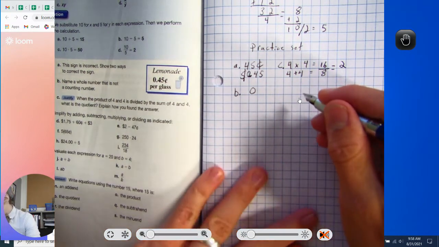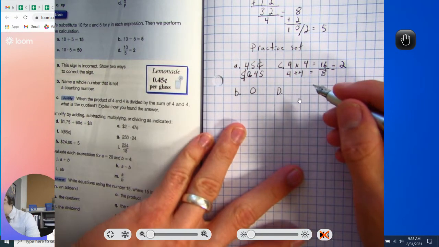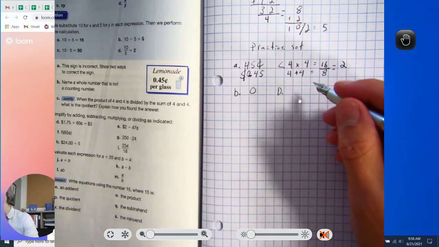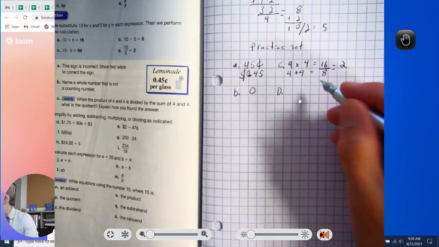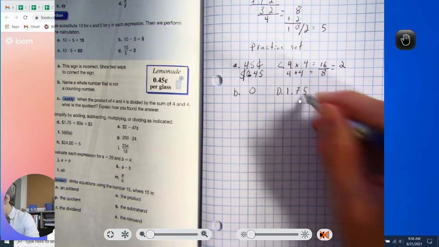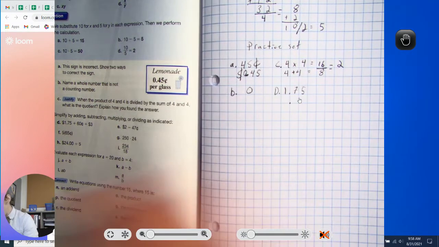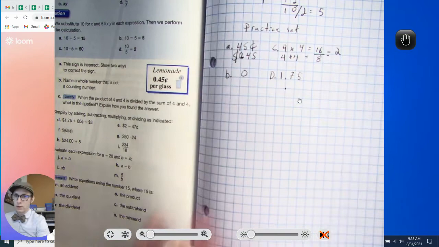All right. Letter D, sorry. Simplify by adding, subtracting, multiplying, or dividing as indicated. Okay. So we got $1.75 here. We got 60 cents here. So it's a whole number, so be careful here, right?